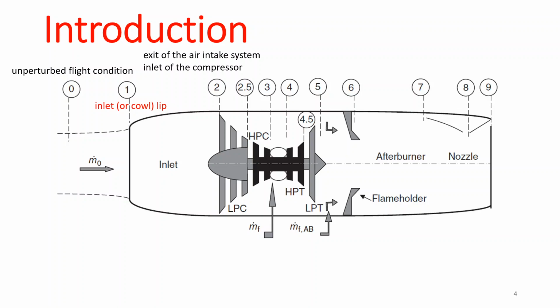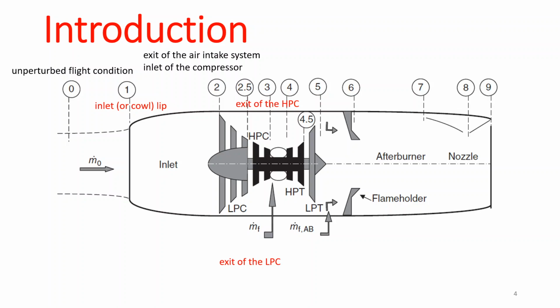We have a low pressure compressor, high pressure compressor, and then high pressure turbine, low pressure. Okay. So number 2 is the inlet of the compressor. Number 2.5 is the exit of low pressure compressor and inlet of your high pressure compressor. Number 3 is the exit of high pressure compressor.